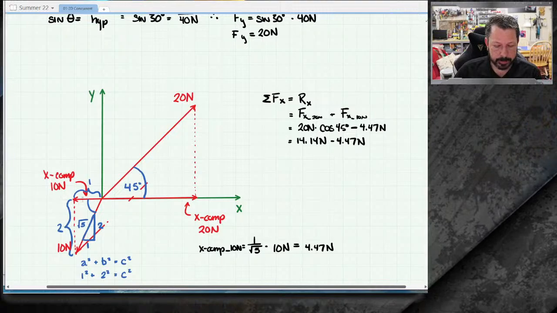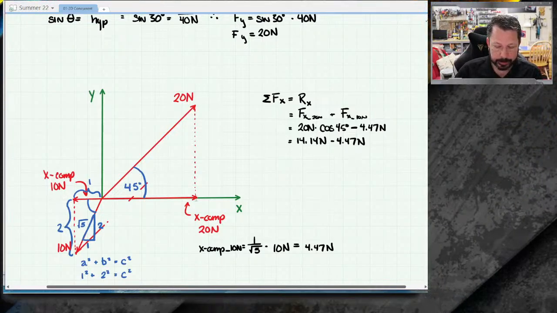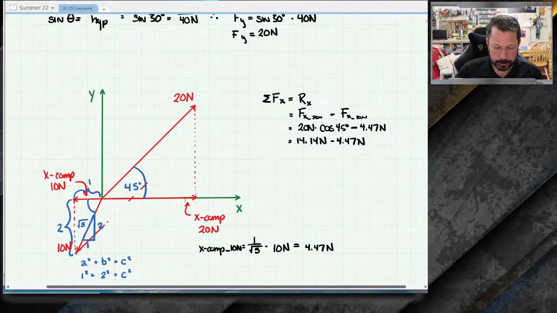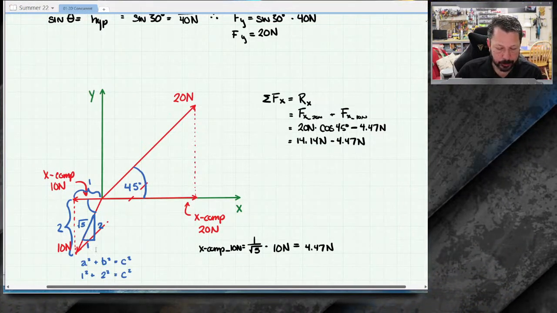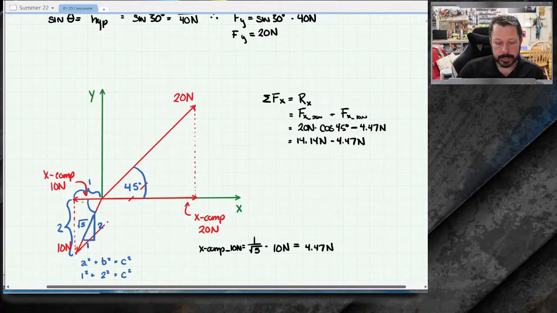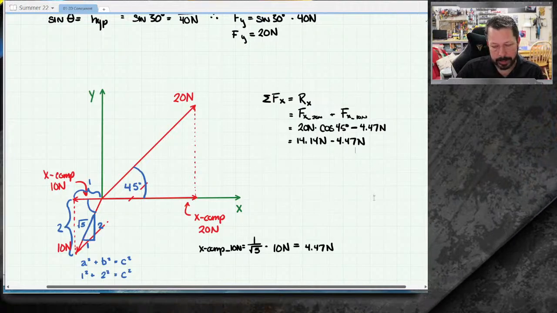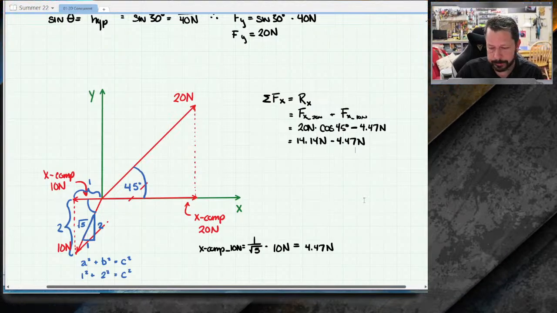This little x component of the 10 Newton force looks like it's about a third the length of the one for the 20 Newton force. Are these 1s and 2s exactly right? Probably not, but they're close. That's what I'm trying to do with my diagrams: prove that the math that I did looks like the picture I drew within some amount of reason.